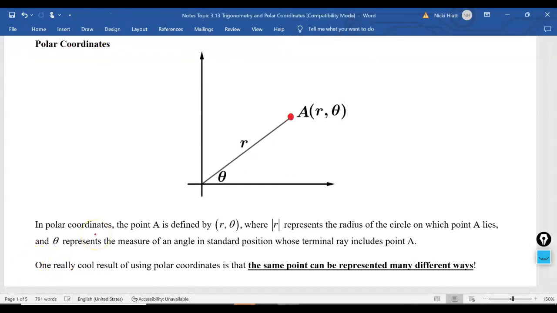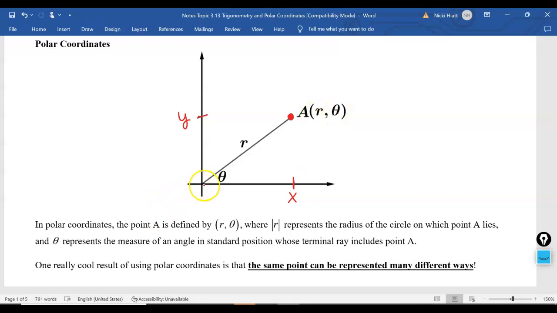So if we want to graph this point, so far what we would have done is have an x coordinate right here and a y coordinate, and we would go to the right x units and up y units, and that would give us the location of this point. But with polar coordinates, we are going to use an (r, theta) system. R is going to be our radius, and theta is going to be the angle of where we're going.